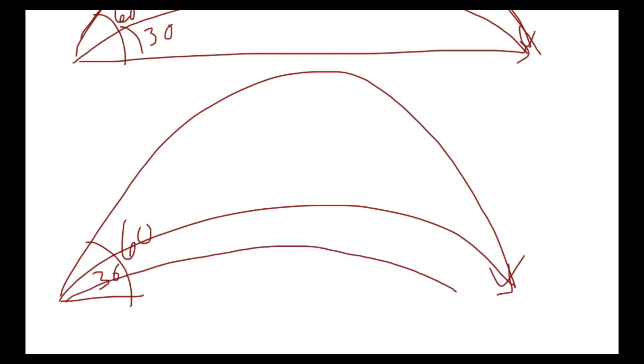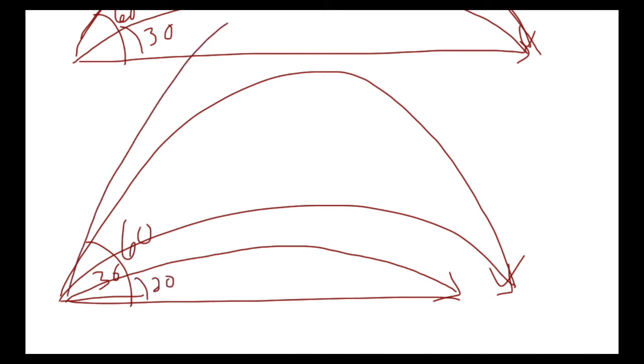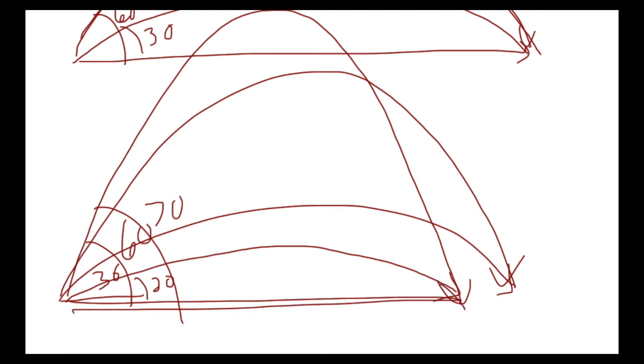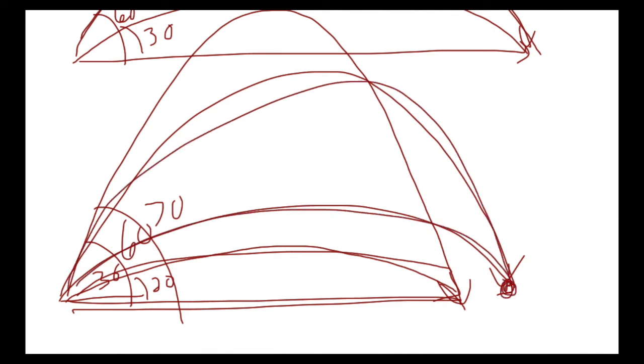I'm not going to get as far. If I shoot at 70 degrees, I'm going to go higher, but I'm still going to go the exact same range I did at 20. The 20 and the 70 are complementary. They give the exact same range, but they don't shoot as far as the 30 and the 60 did. The 30 and the 60 came out here.